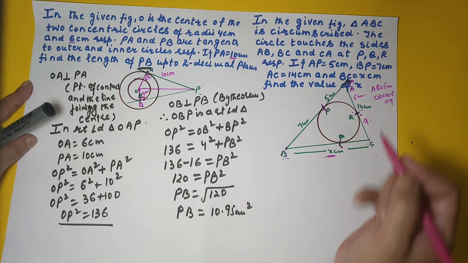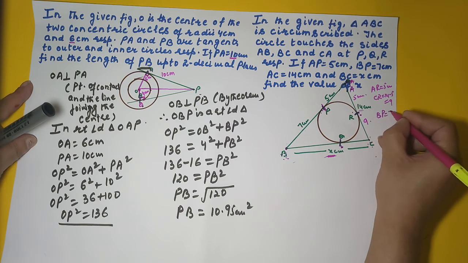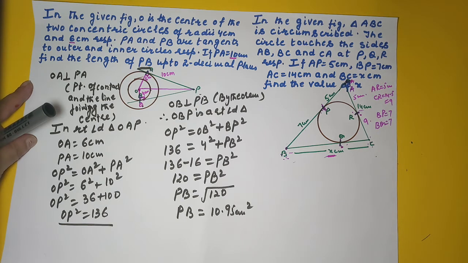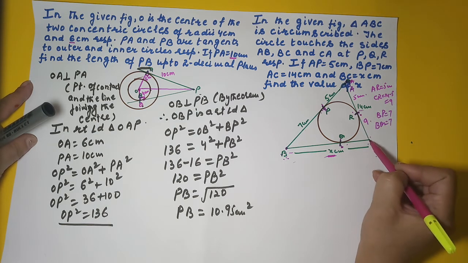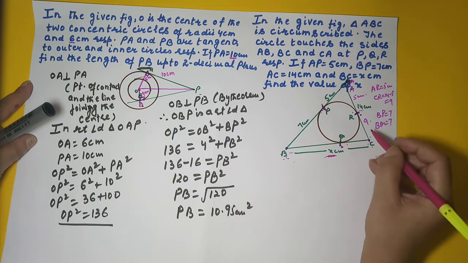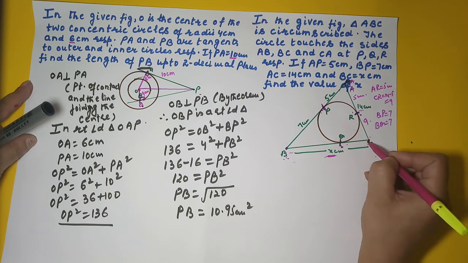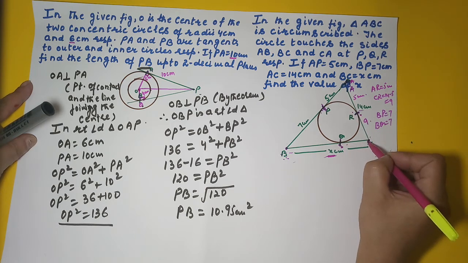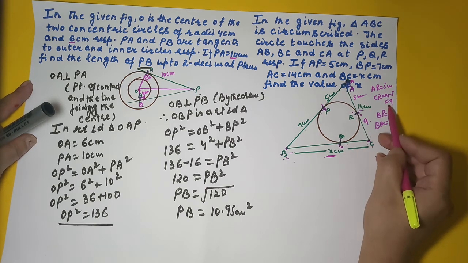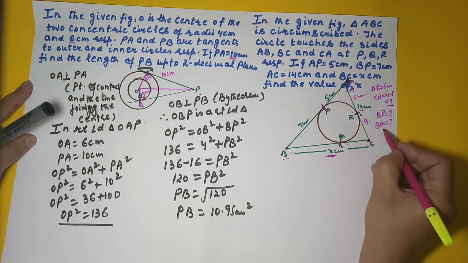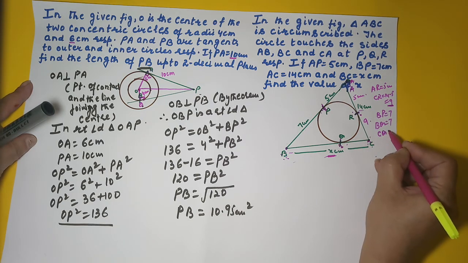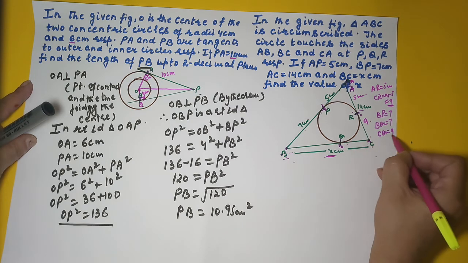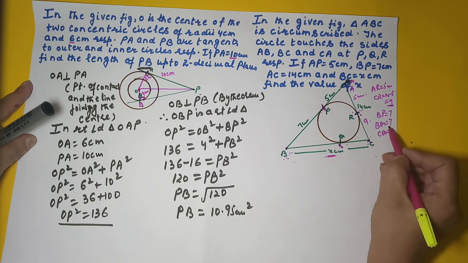So if BP is 7, BQ is also 7, right? Now look at this point C. C is also the external point and CR and CQ are the tangents to this circle. Does that mean CR is equal to CQ? But CR we have found as 9, so CQ will also be 9, right?